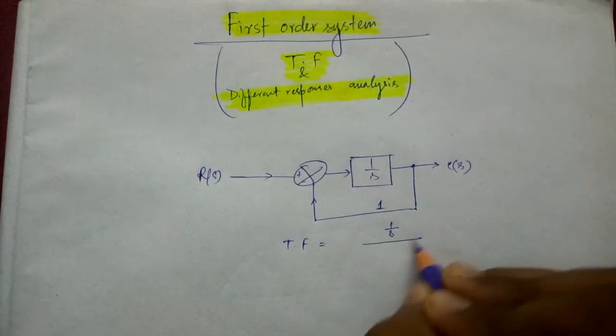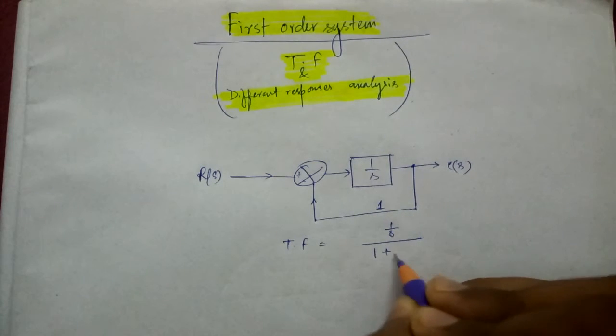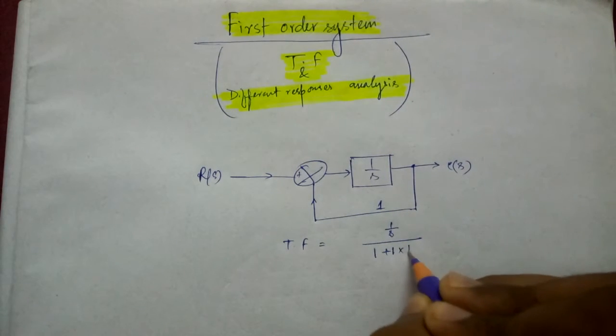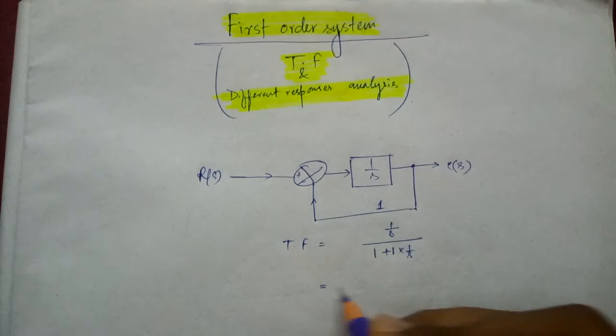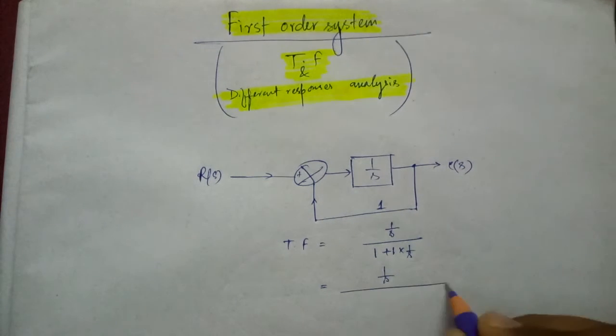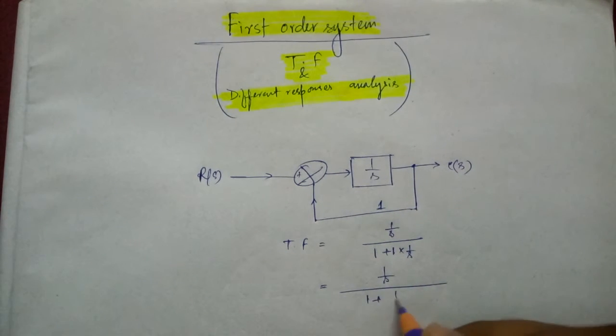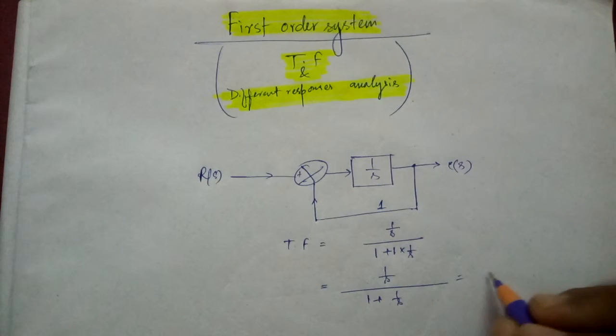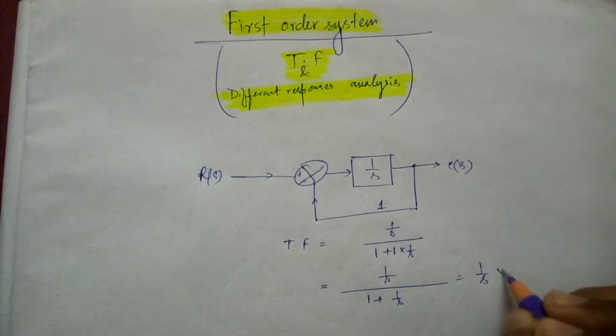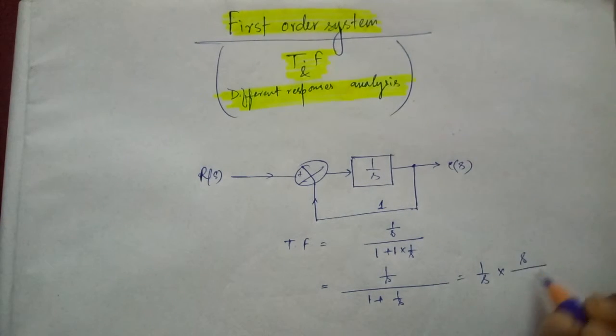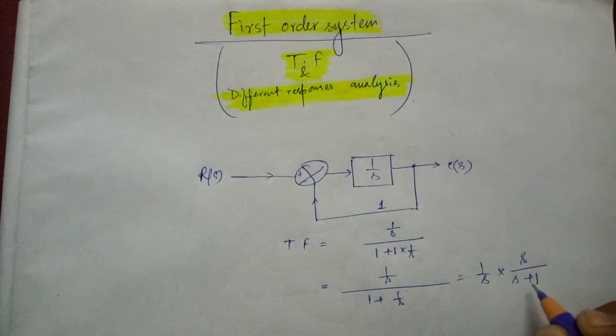So here, as we know previously, the transfer function will be 1 by s by 1 plus 1 into 1 by s, which is equal to 1 by s into 1 plus 1 by s, which is equal to 1 by s into s plus 1.